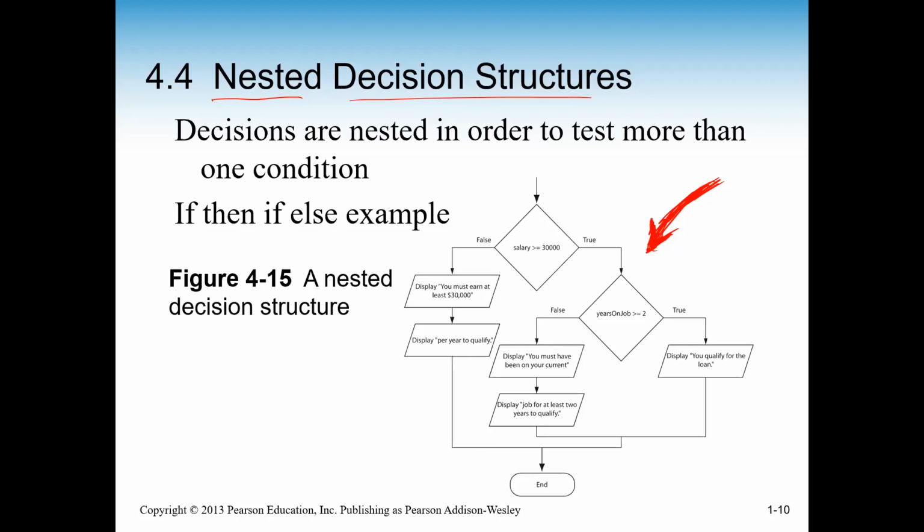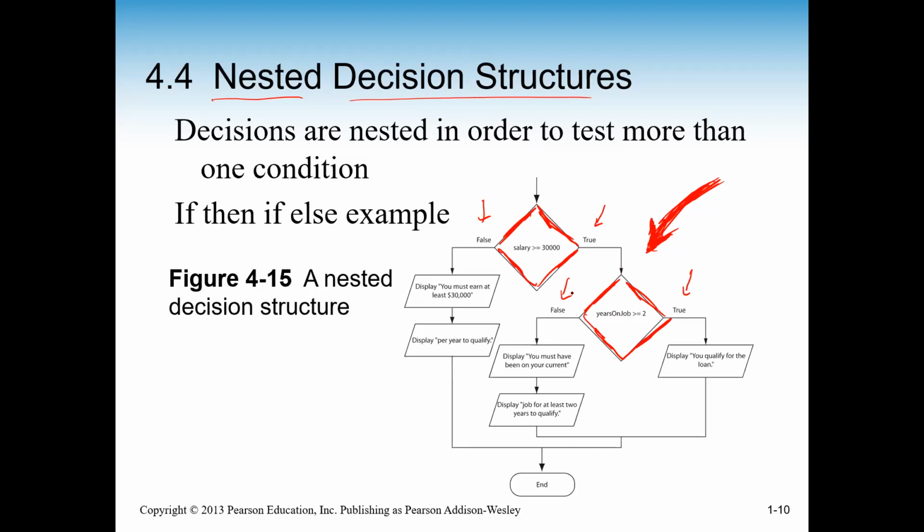You can see in the flow chart here we have two decision points. So we have two places where we evaluate Boolean expressions to figure out if it's true or false, right? So here, true or false, here, true or false.